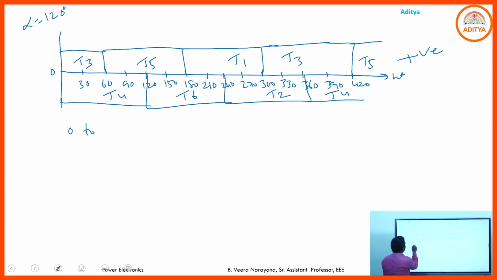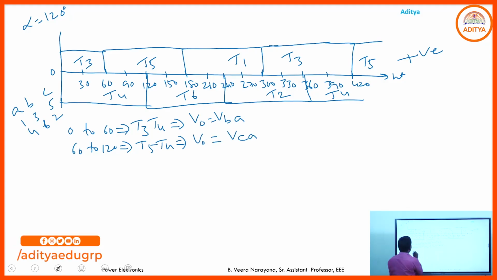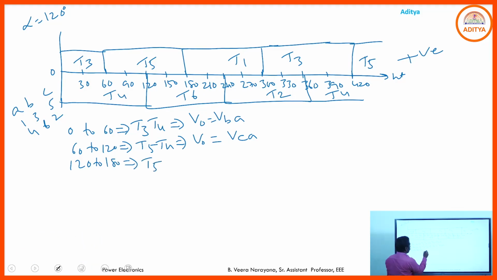From 0 to 60, T3, T4 are in the on state. If 3, 4 are in the on state, what is the output voltage? VBA. From 60 to 120, T5, T4, then V0 is VCA. 120 to 180, T5, T6, VCB.